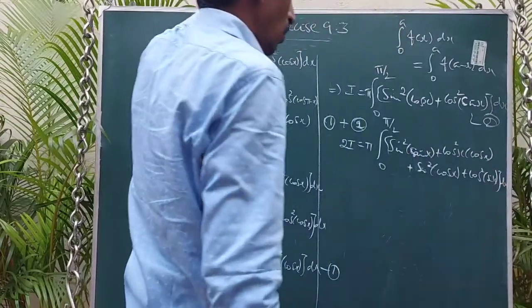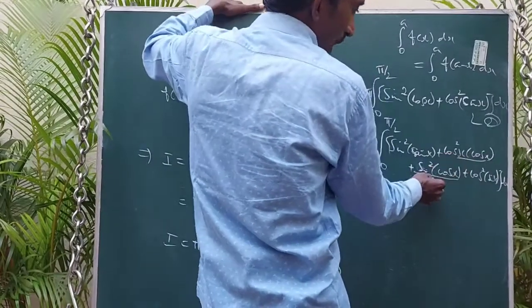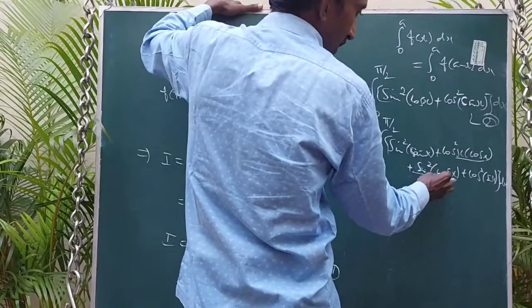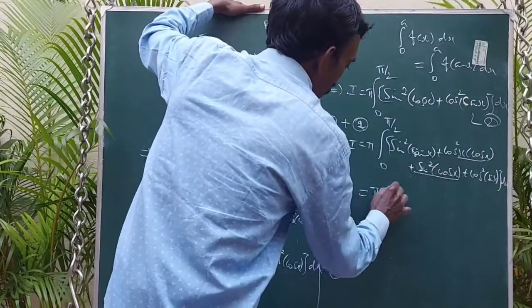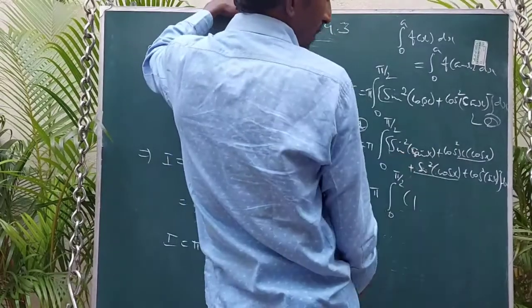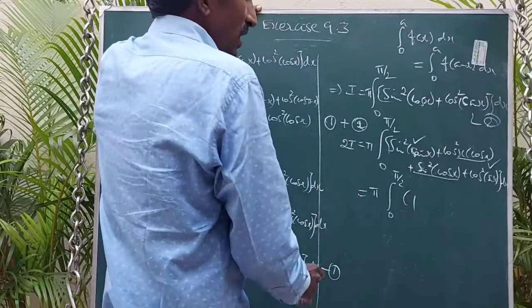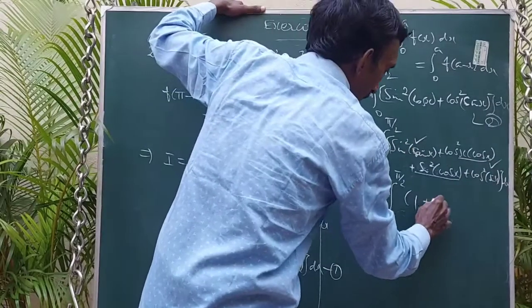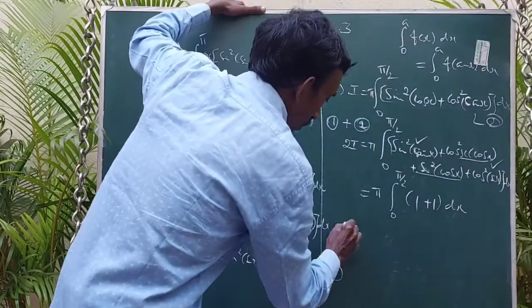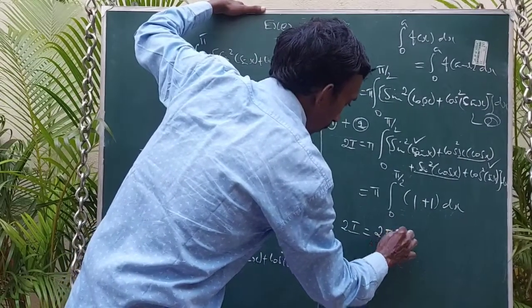Now look here: sin square of cos x plus cos square of cos x, if we combine these two, it becomes 1. Again sin square of sin x plus cos square of sin x, if we sum up these two, again it is 1. So 2I equals 1 plus 1, 2 pi into dx.